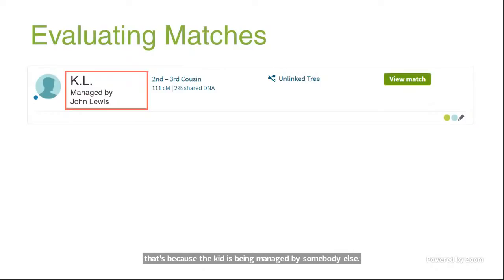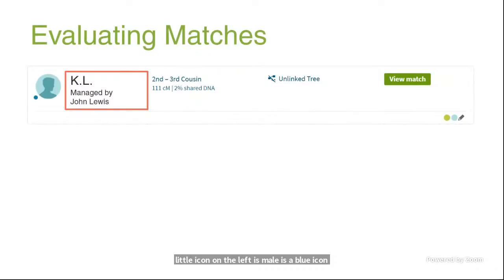When they only have initials, sometimes you can use the kit name, the person managing the kit, to guess what some of those initials mean. So in this case, we have KL and it's managed by John Lewis, then we can guess that that L might stand for Lewis. You can also notice that the little icon on the left is a blue icon, indicating that the person taking the test indicated that they're male.